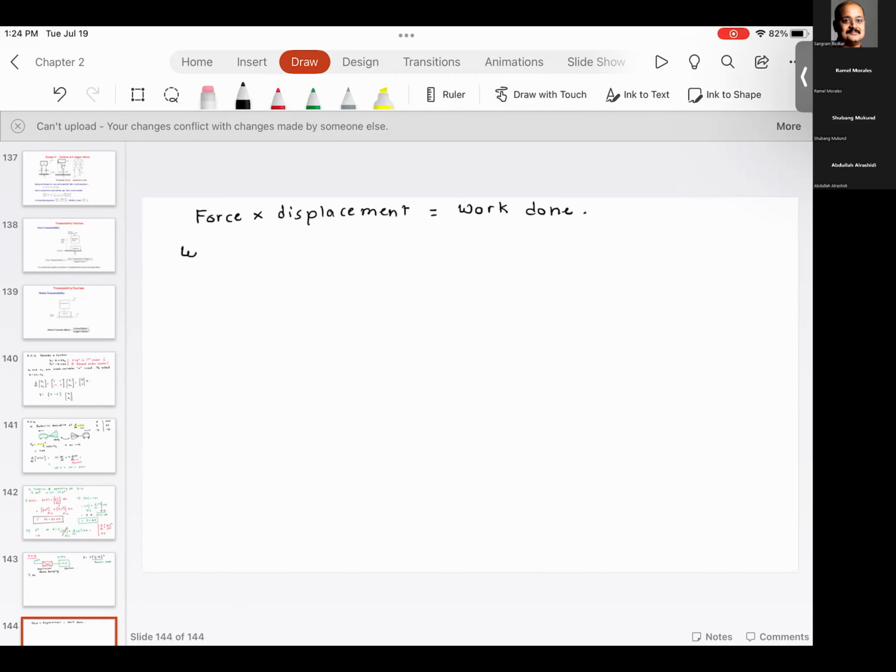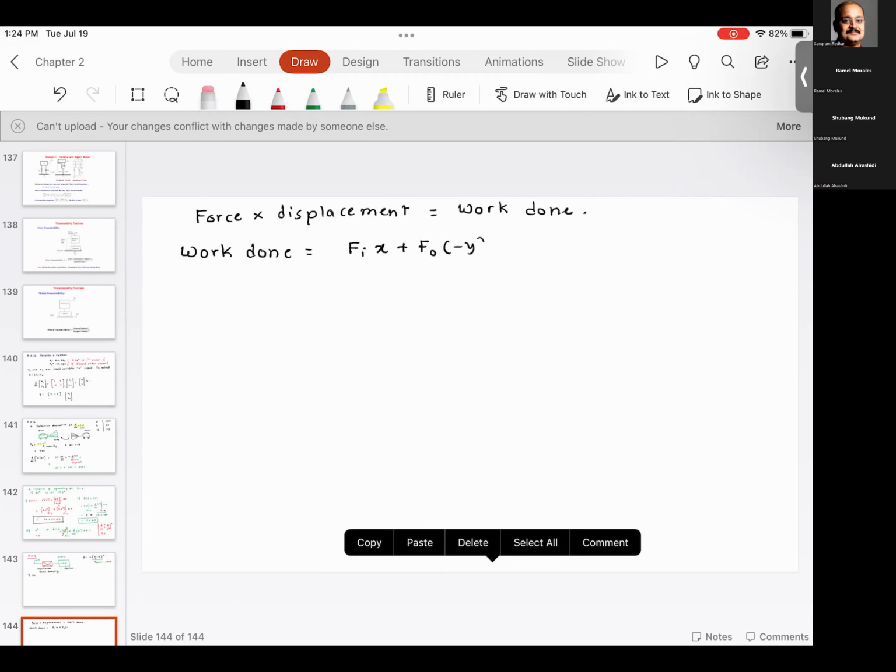Work done is equal to Fi x plus F naught minus y, which is going to be equal to 0. For arbitrary x, this is going to be in equilibrium.